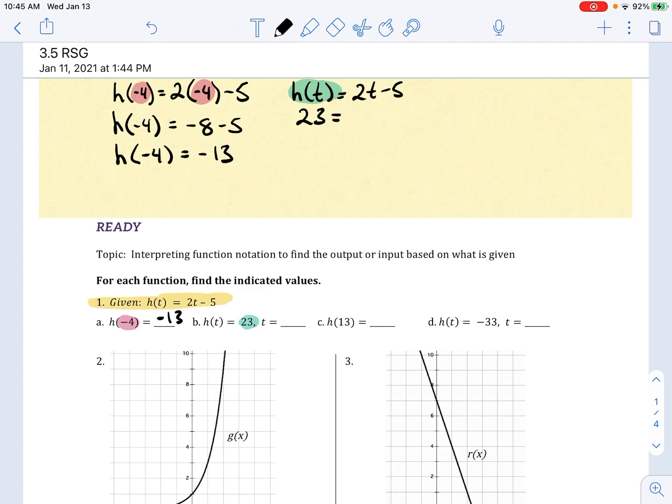So 23 equals 2t minus 5. Now we're solving for t to get t by itself. So we're going to add 5, and we have 28 equals 2t. Opposite of multiplying by 2 is dividing by 2. And so 14 is equal to t. So t equals 14.